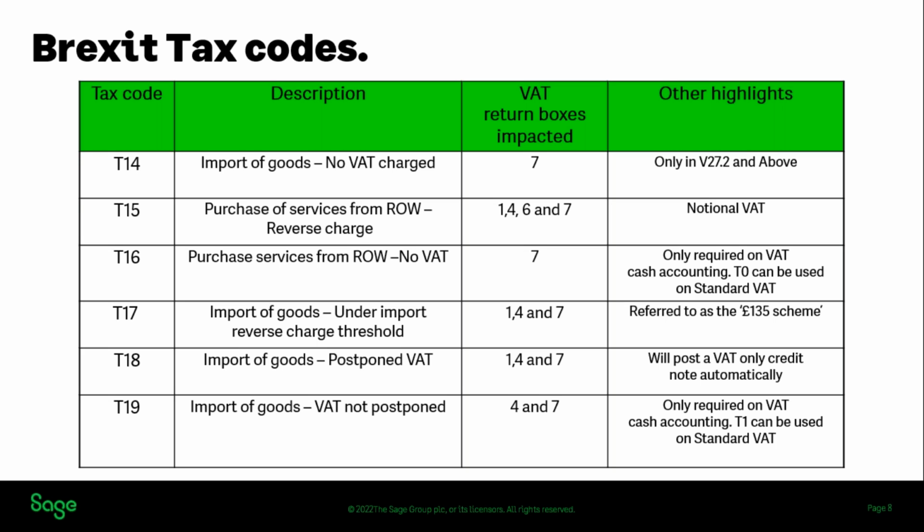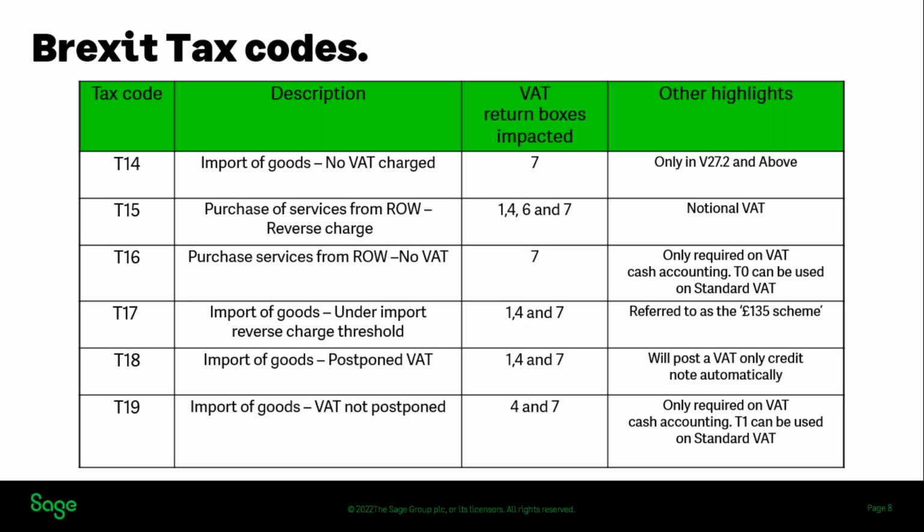So if you're using the £135 scheme, make sure that you do use the T17 rather than the T18, because you're going to end up with some credit notes that aren't quite correct for you. So if you're under that threshold of £135 and you're meeting all of the criteria, then you can use the T17, and again it will do that notional VAT for you on boxes 1 and 4.